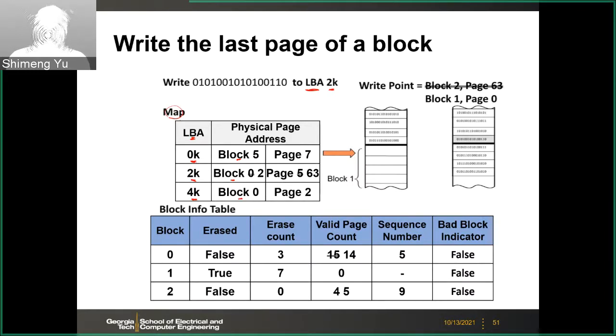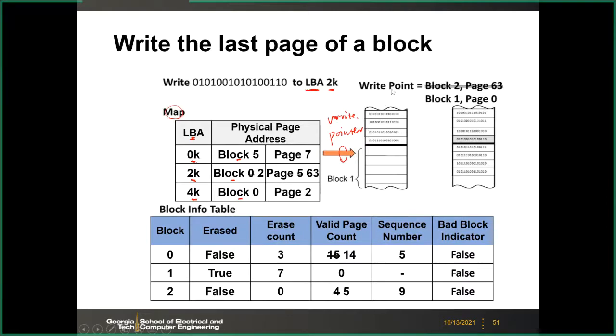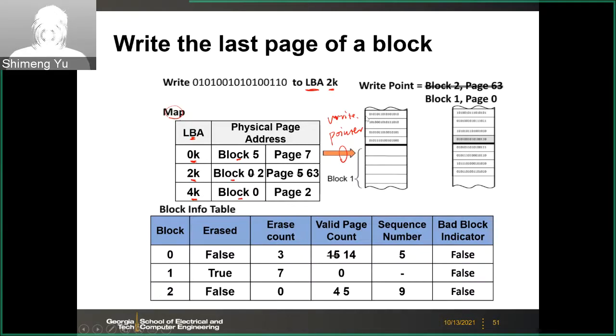And here on the physical space, there will be a pointer. This is a write pointer. As we discussed before, the program is page by page, and then you have this pointer. Page by page means that the pointer has to move page by page, or word line by word line. You cannot jump from one word line to another arbitrary word line.